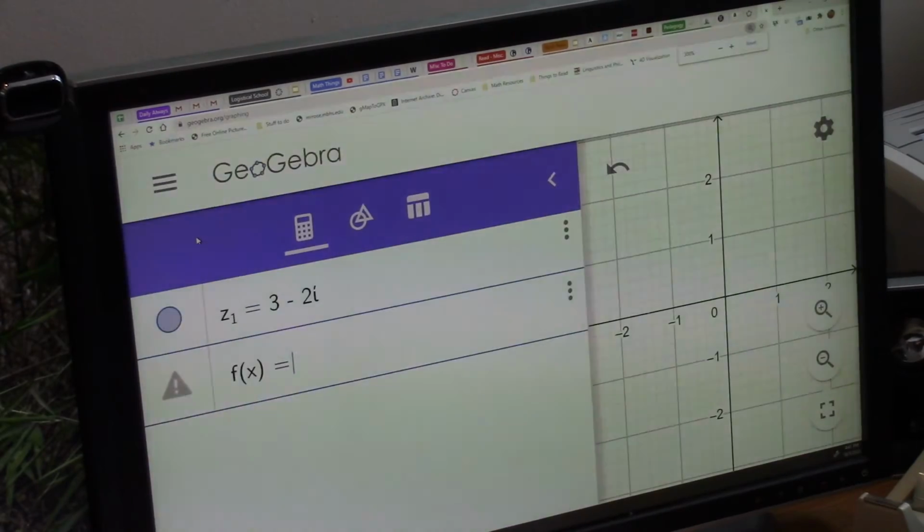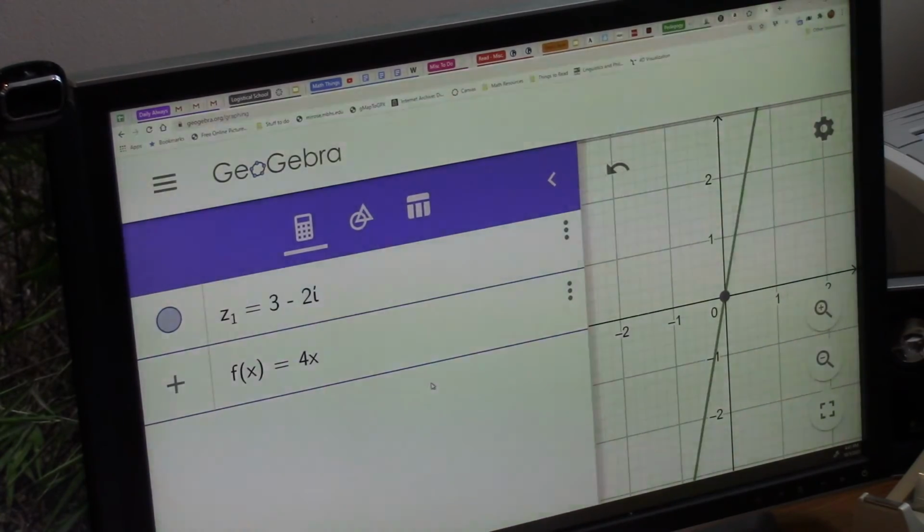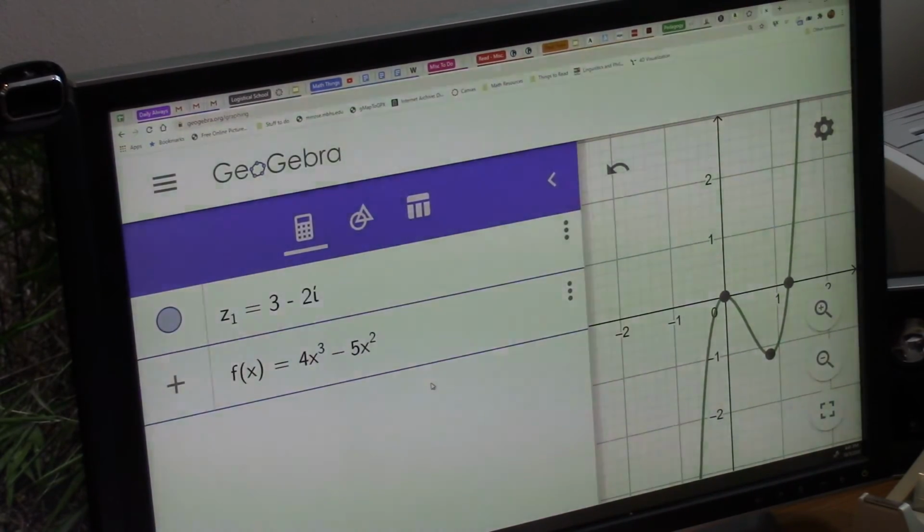Maybe I'll zoom in. There we go. 3 minus 2i. And now I just have this function. What's my function? 4x cubed minus 5x squared plus 7x plus 1.